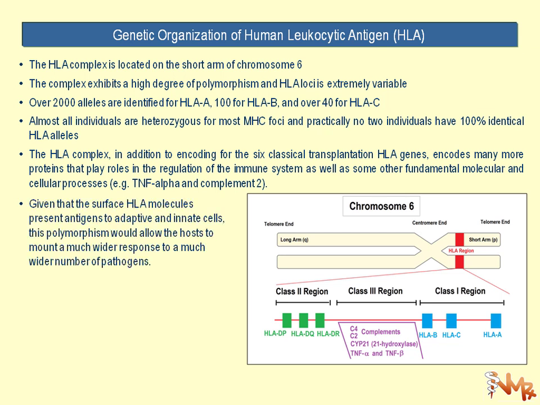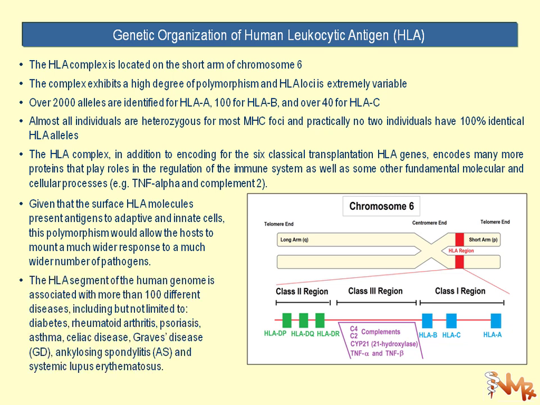Given that the surface HLA molecules present antigens to adaptive and innate cells, this polymorphism would allow the hosts to mount a much wider response to a much wider number of pathogens. The HLA segment of the human genome is associated with more than 100 different diseases.